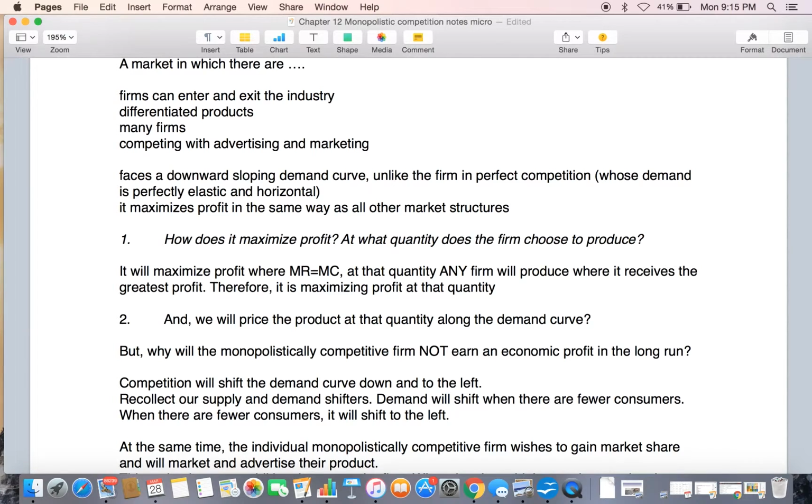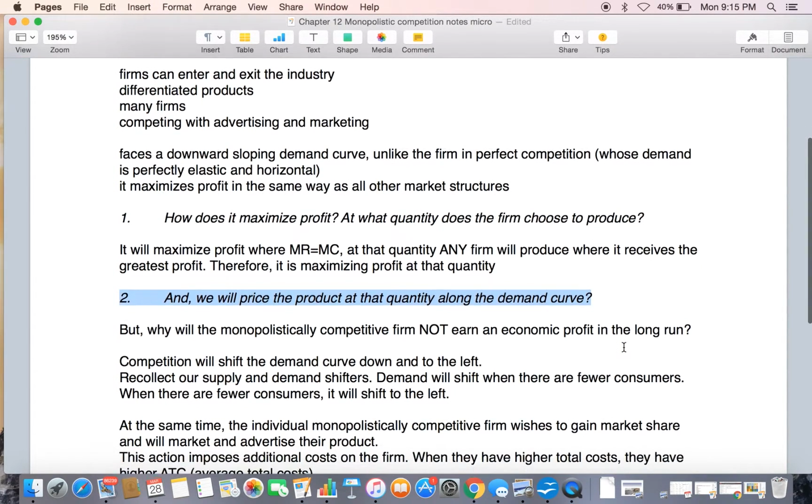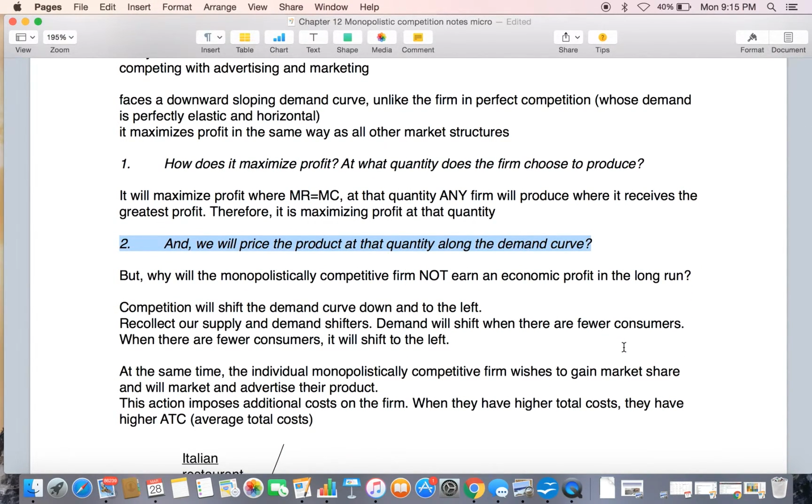So because the demand curve is the corresponding quantity demanded and price that corresponds to that quantity demanded, we are going to also price, just as we did like the monopolist or the perfectly competitive firm, at the price that corresponds to the quantity demanded along the demand curve. And we find that the monopolistically competitive firm does not earn an economic profit in the long run.